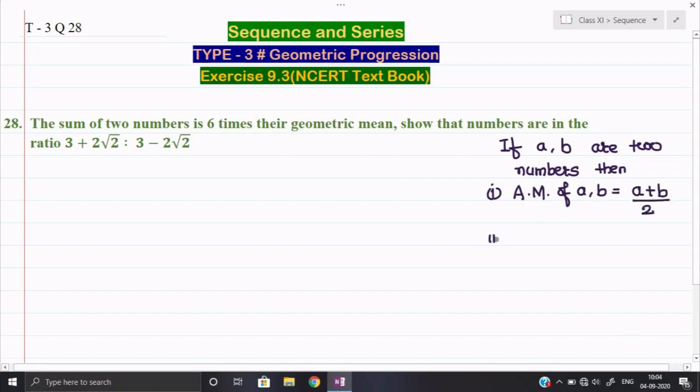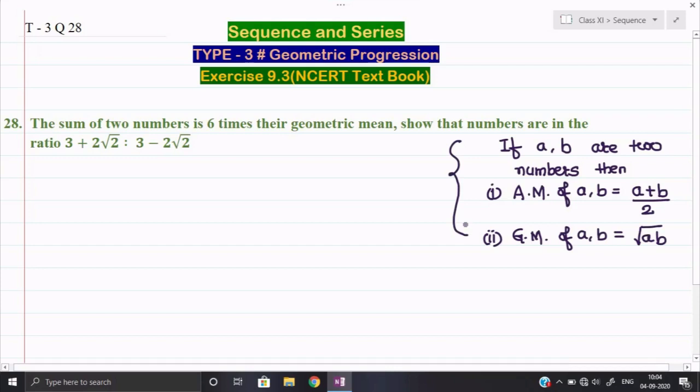Second point, remember, geometric mean of a, b will be equal to under root of ab. So please remember these two things. It may be required in some of the questions now, or maybe a little later.